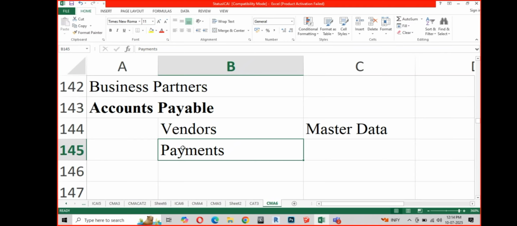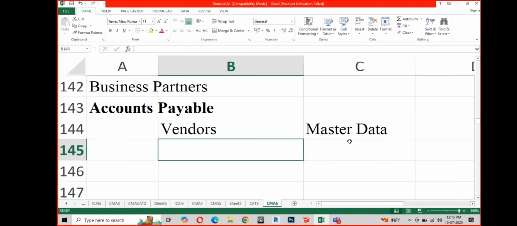Let me remove payments for the time being. Now vendor master data. What should the master data contain? When you're talking about vendors only from the finance perspective, the master data requirement is different.